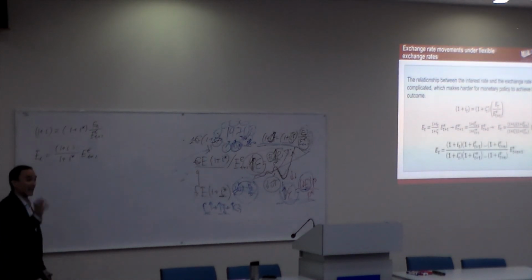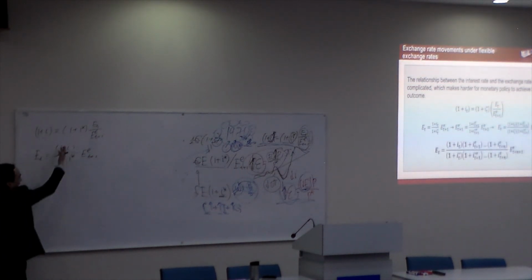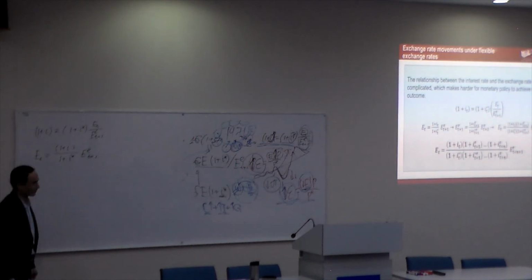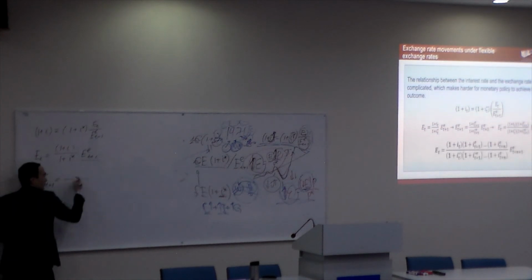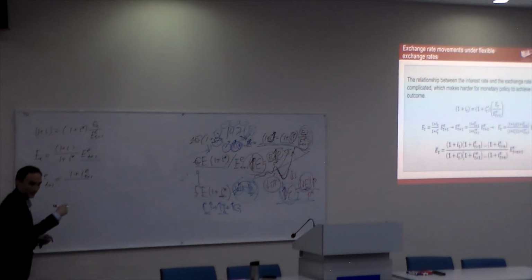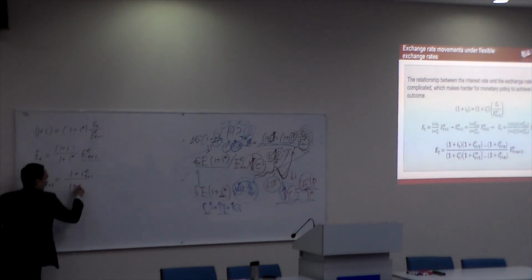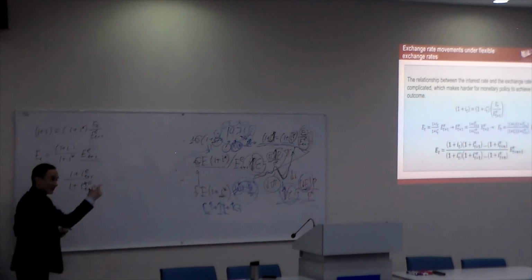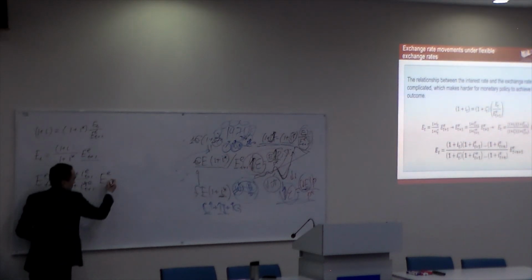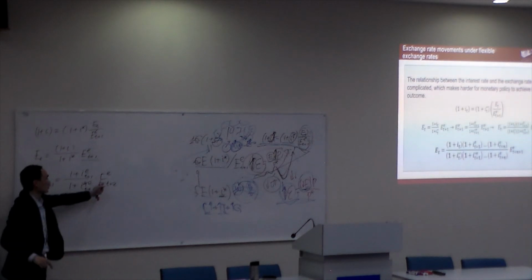Okay. Under a flexible exchange rate regime, anything in here may change. For example, you can write that the expected exchange rate will be equal to the expected interest rate of next year, which may change. In a flexible exchange rate regime, it's no problem, it may change. And the expected foreign interest rate may change. And at the same time, because it's flexible, the following years' exchange rate may also change.